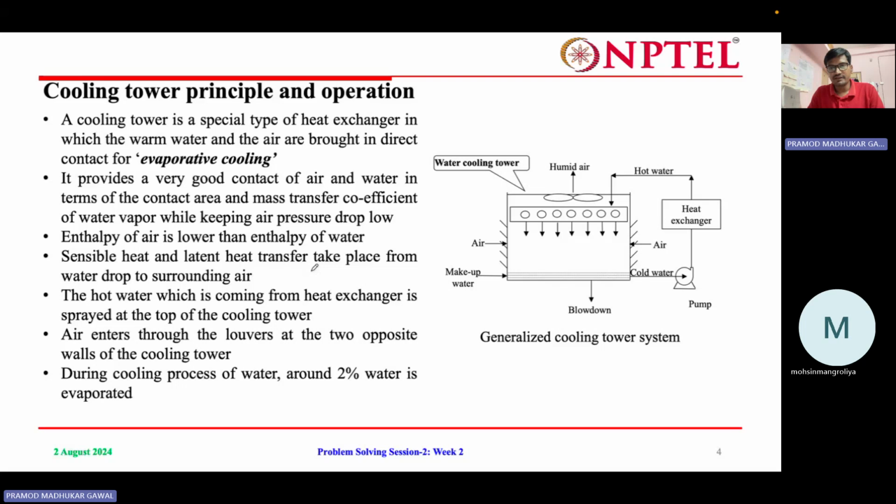So here is a simple schematic representation of the cooling tower. Here is the blow down. Whatever deposit is stored at the bottom should be thrown outside the cooling tower. That's called the blow down.